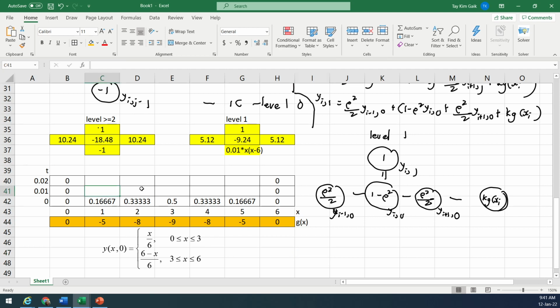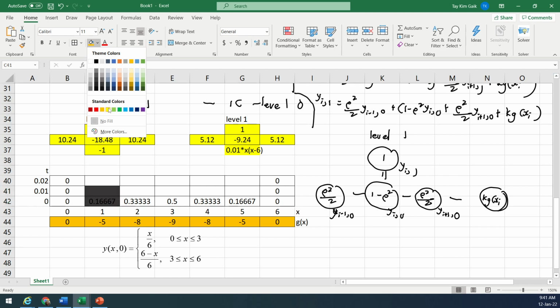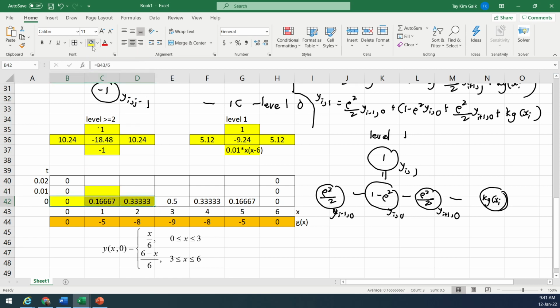Now you want to calculate level 1 using the 2-level scheme like this. So this is g(x) here. The cell that you target is equal to 5.12 times the left cell in the grids, minus 9.224 times the center bottom cell in the grid, plus 5.12 times the right bottom cell in the grids, and then plus 0.01 times g(x), already calculated below the x-axis.